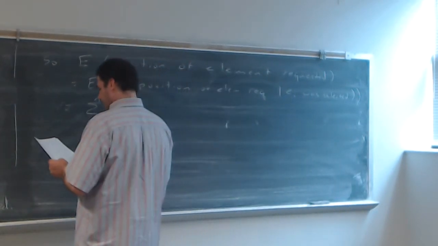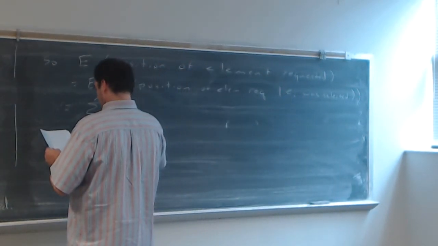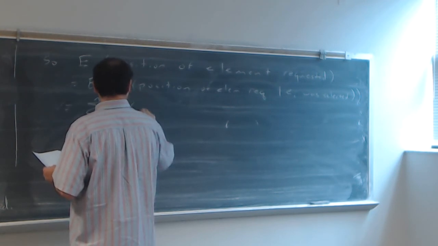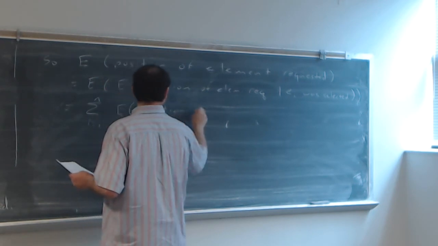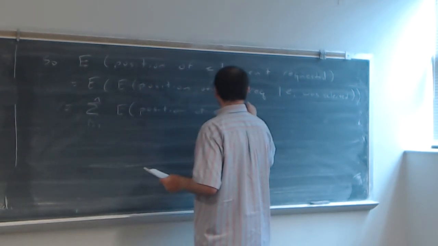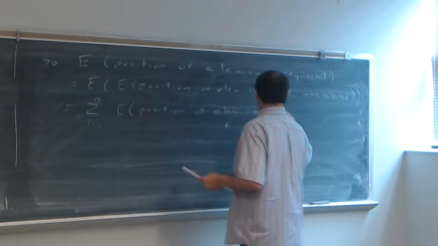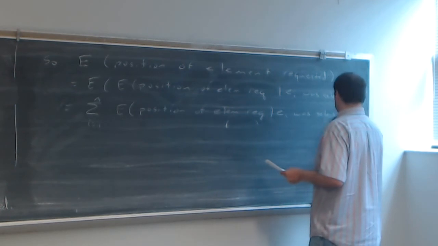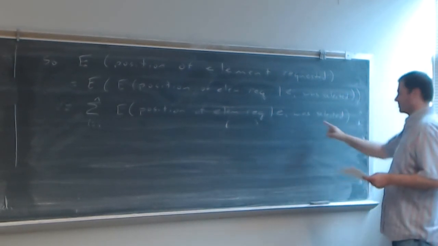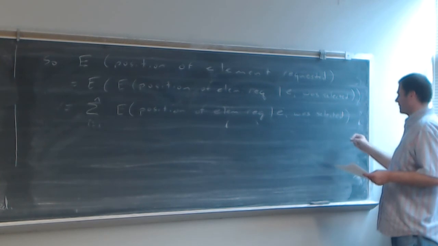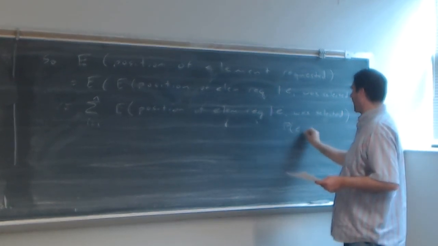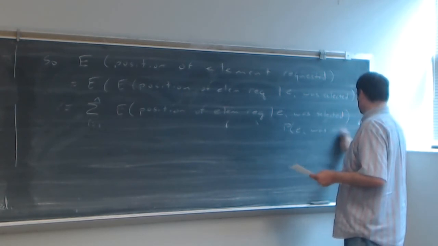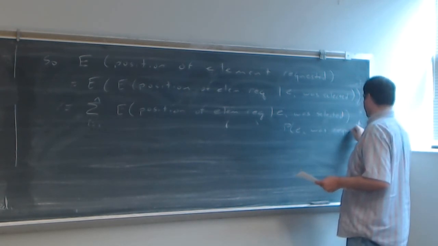So I would write down the expected value of the position of the element requested, given E_I was selected, times the probability that E_I was selected. Requested. So selected and requested mean the same.